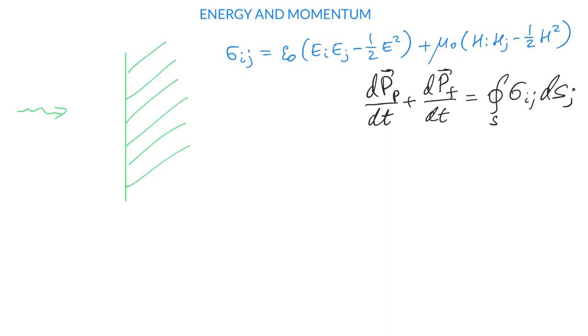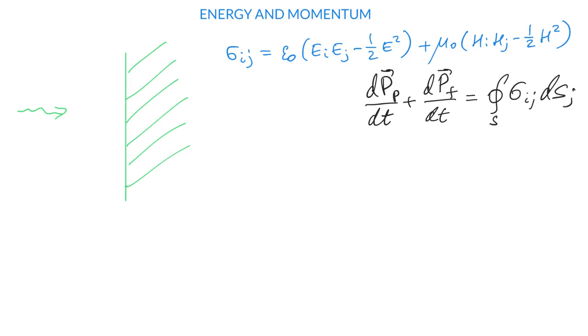So the screen is perfectly absorbing, so there is no reflected wave. So what we can do is use this expression for momentum conservation. The force on the screen corresponds to the rate of change of its momentum.